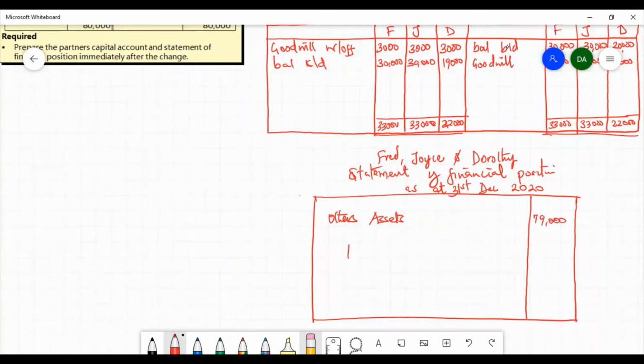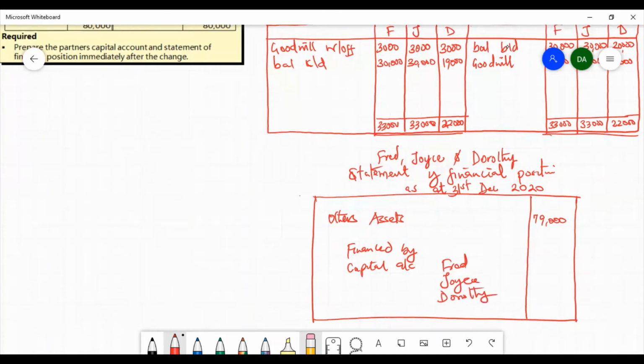This is financed by capital accounts of the partners for Fred, Joyce, and Dorothy.